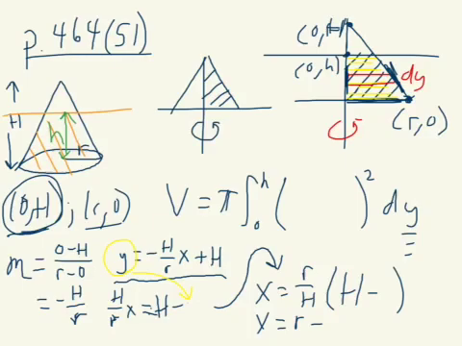And that then should make this work better. Let's use a different color so you can see it. So it's going to be h minus y, and now when you multiply this through, you have r over h times y.